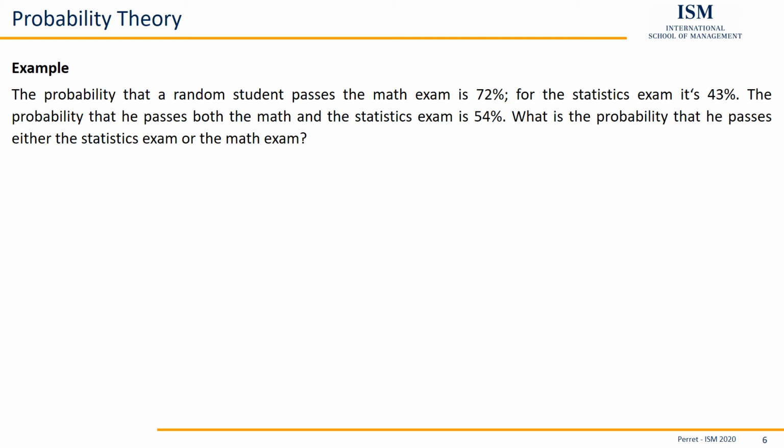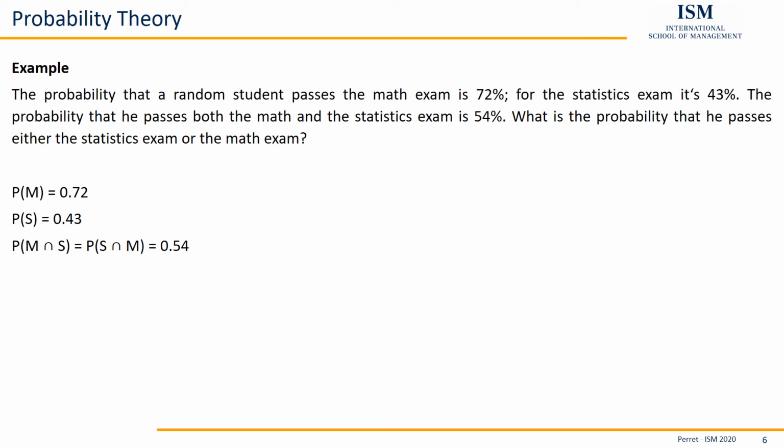So once again, we first start by copying all the information from the text. Here first we have the probability of passing math, 72%, 0.72. Passing statistics, that's 0.43. And passing both of them, that's again 0.54. That's the information that we have.